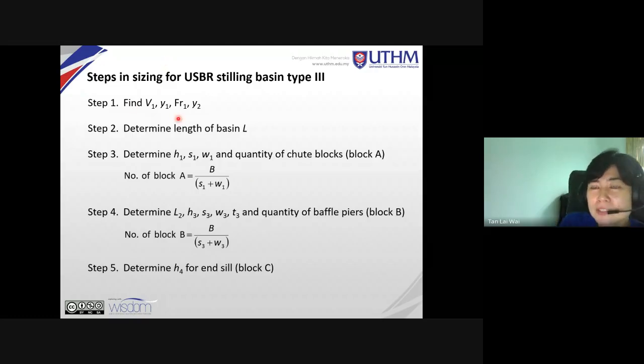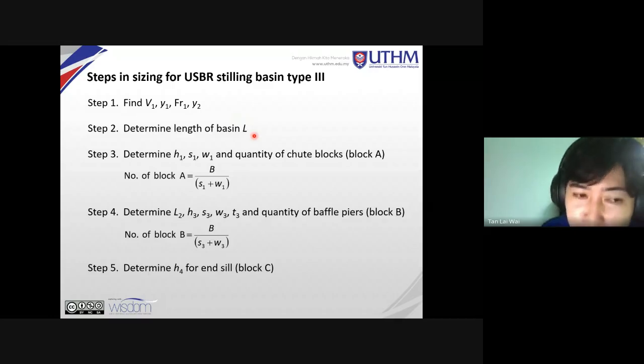So first thing, if you want to find length of basin, you need Y2, you need Froude number 1, you need Y1, you need V1, right? So you need to find this out. Probably these data are provided already in the question. If not, you need to calculate. You need to determine all this, alright? Then you find L from the chart.